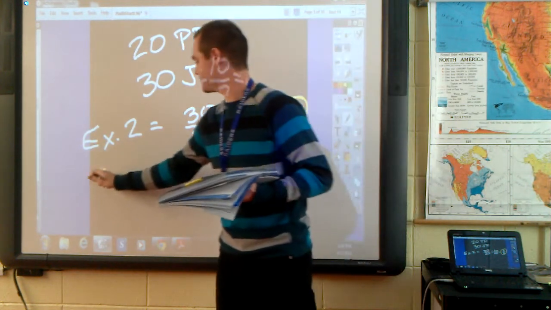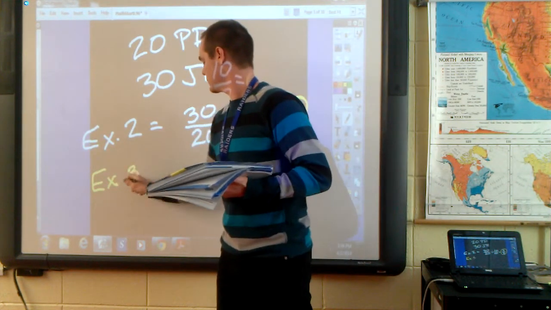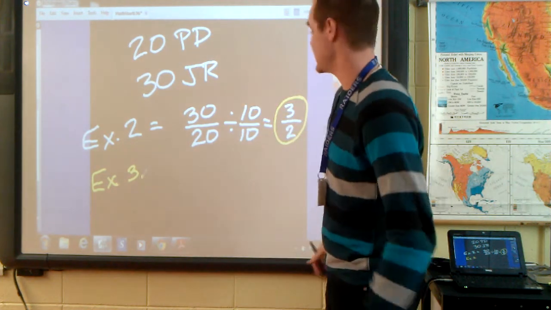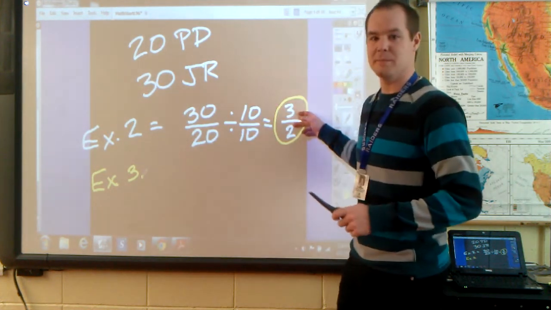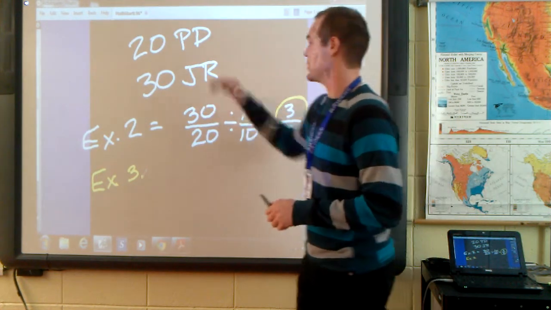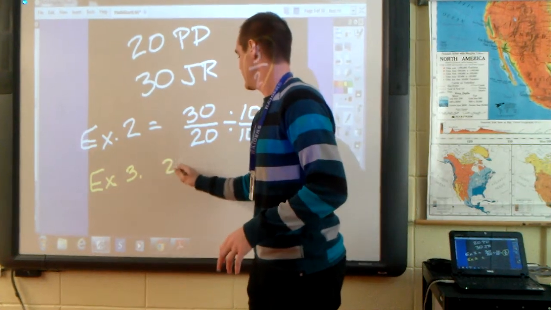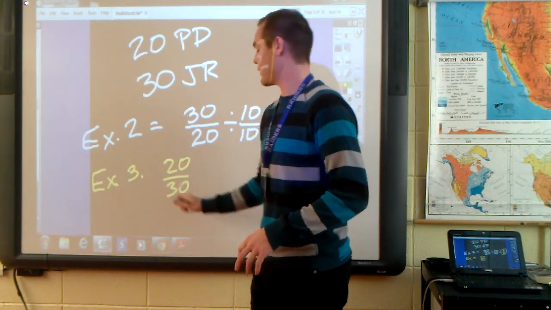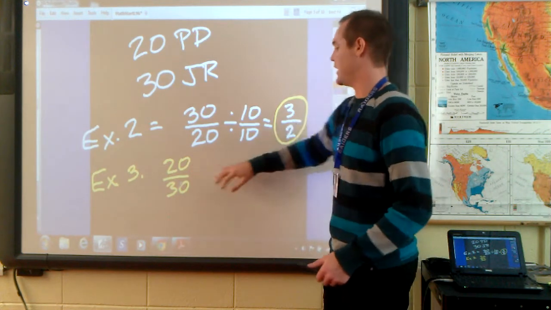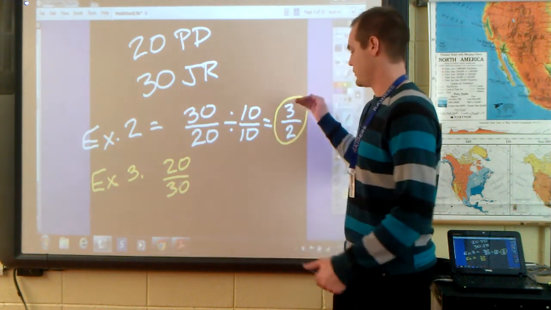Example number 3. It says, what is the ratio of prairie dogs to jackrabbits? Now, we've already done the work here, so we don't need to start with these big numbers. We can. The ratio of prairie dogs, 20, to 30 jackrabbits. The ratio is 20 to 30. We already know that this simplifies to 3 to 2.